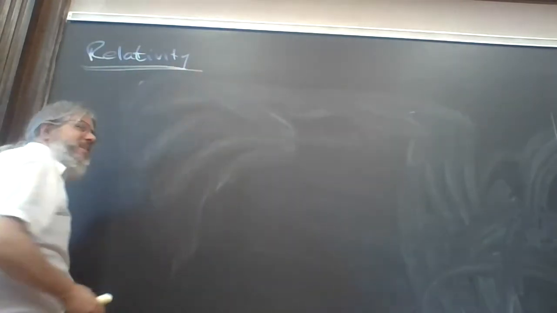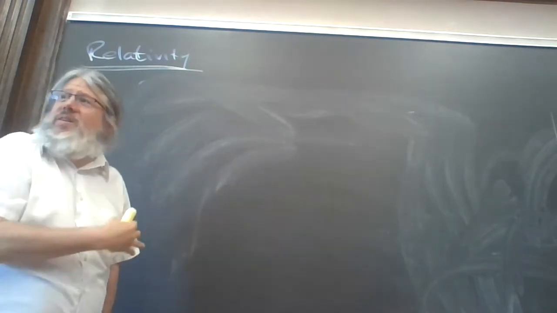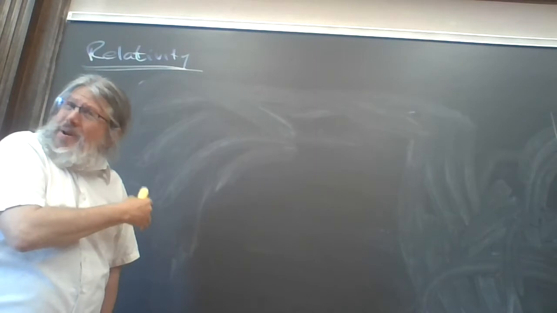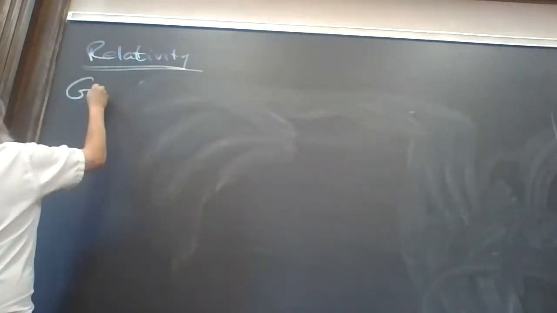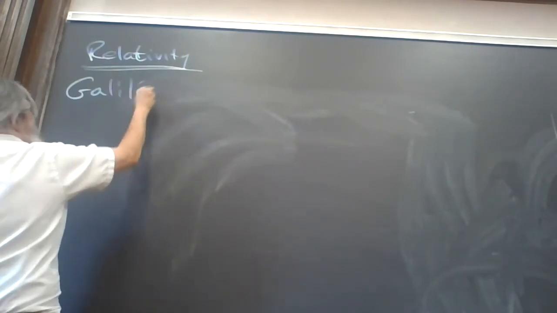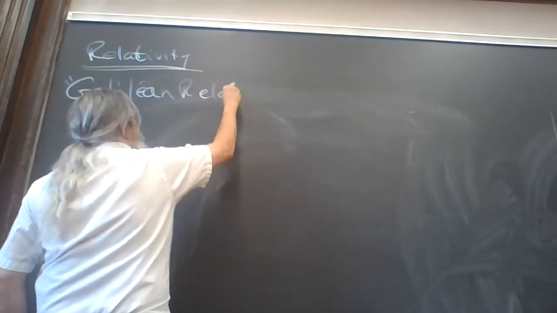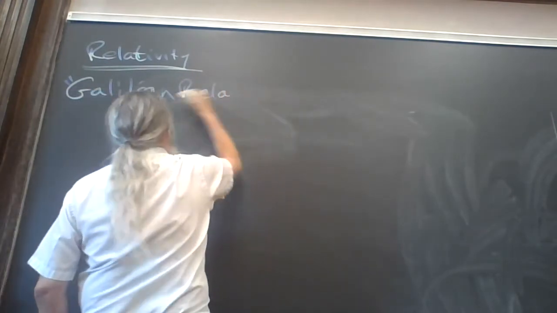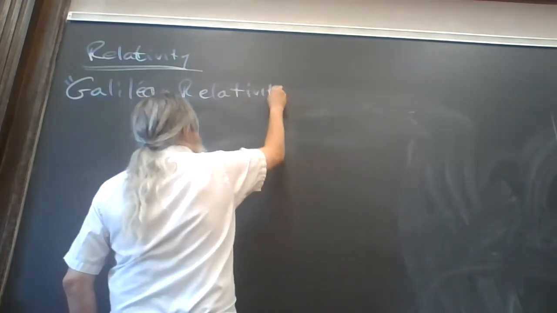So what do we mean by relativity? Galileo wouldn't have recognized the lecture I'm giving here, but he was the one who first articulated the concept. So the convention is to say there's this notion of classical relativity, often named Galilean relativity.